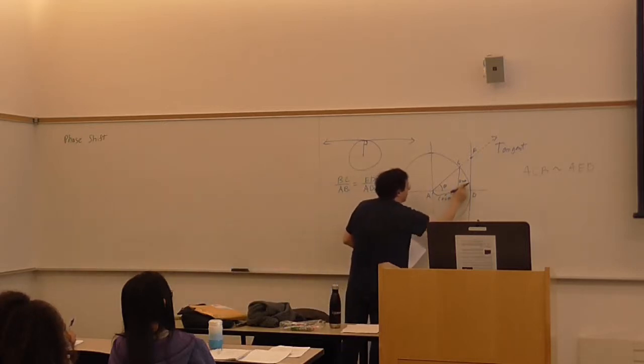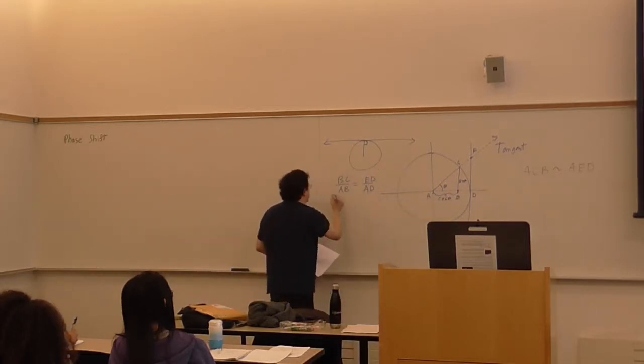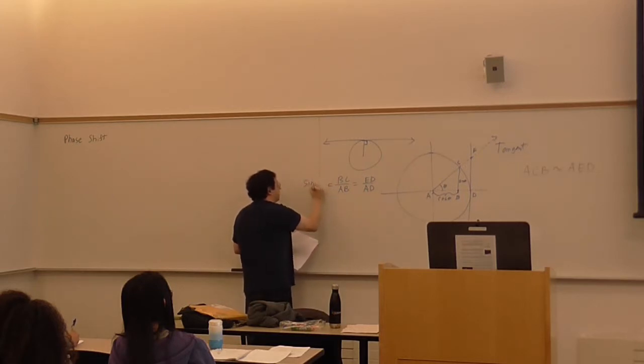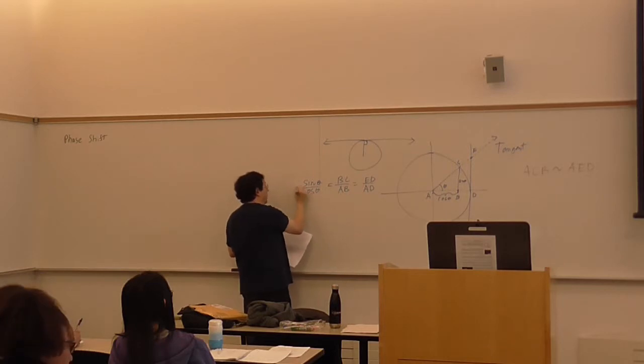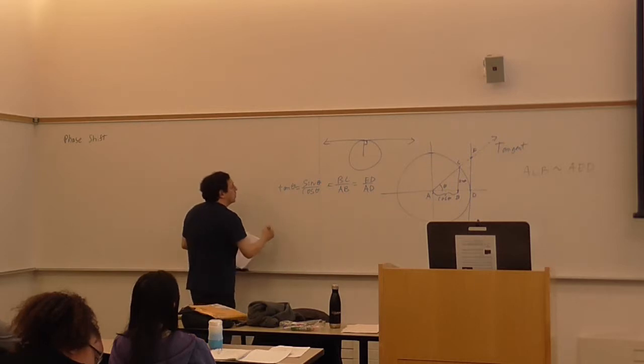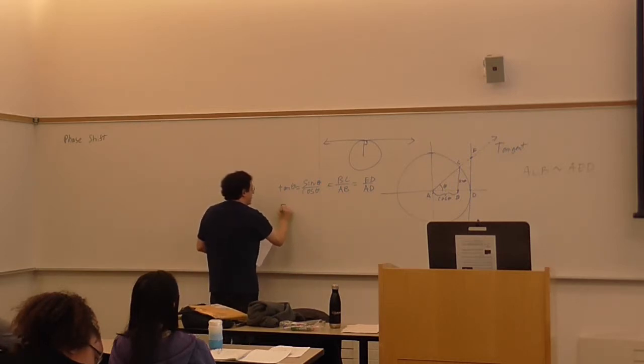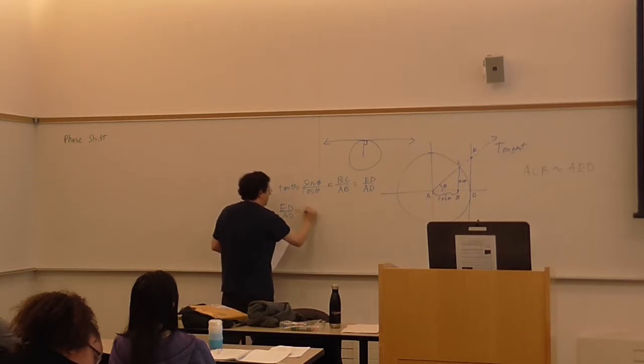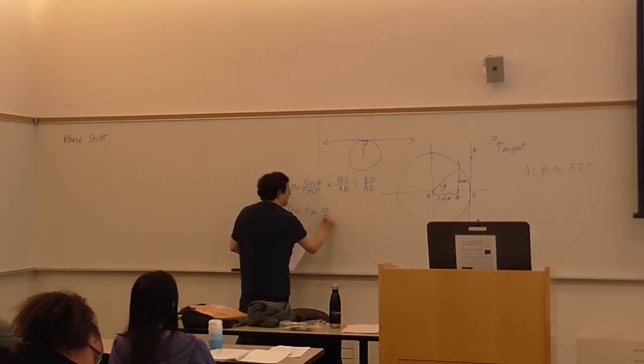But as I pointed out, this is sine over cosine, or the tangent of theta. Okay, so we have here that ED over AD is equal to the tangent of theta.